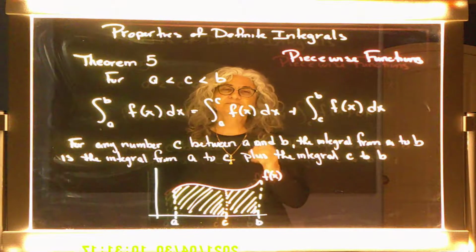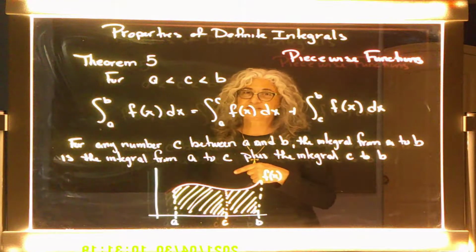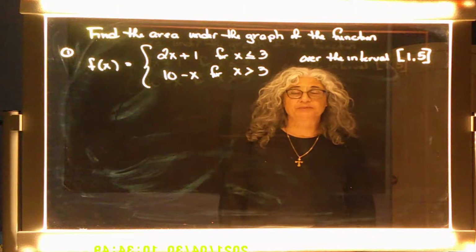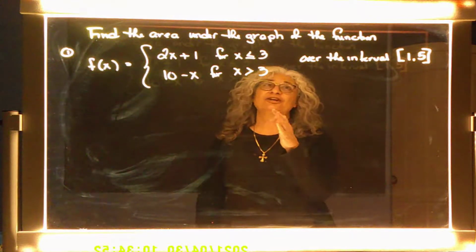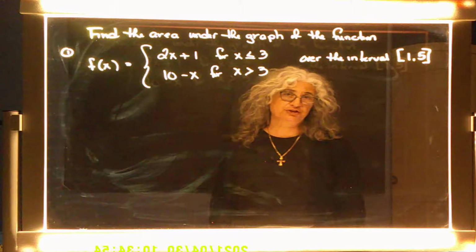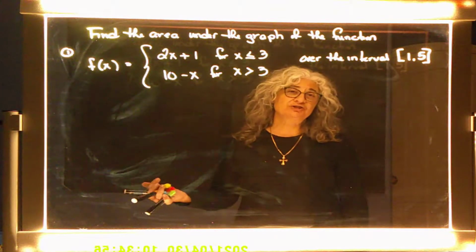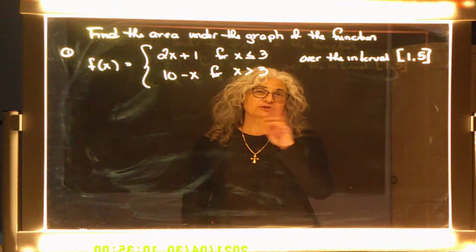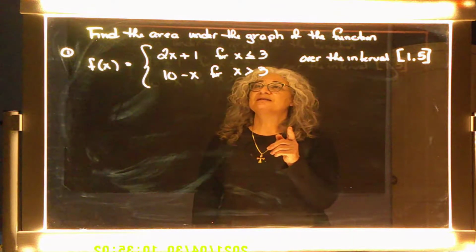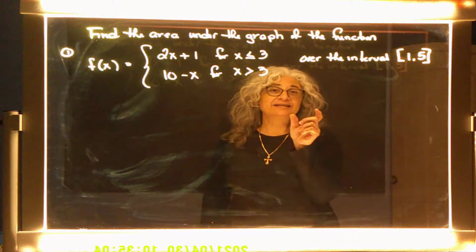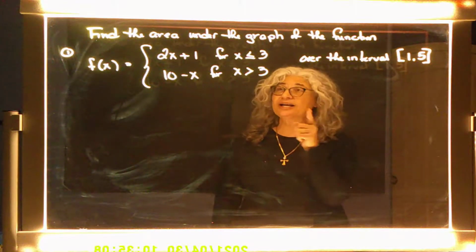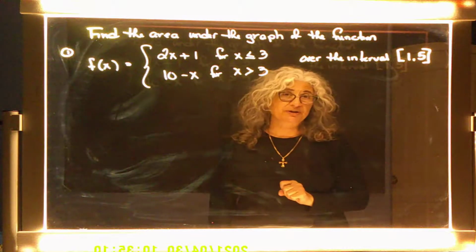Good? Okay, let's put this into practice with an example. So let's look at this first problem. The directions say to find the area under the graph of the function. So they've given me a function, and notice it's in pieces. Surprise, surprise. The first piece says that the function is 2x plus 1, as long as x is less than or equal to 3.